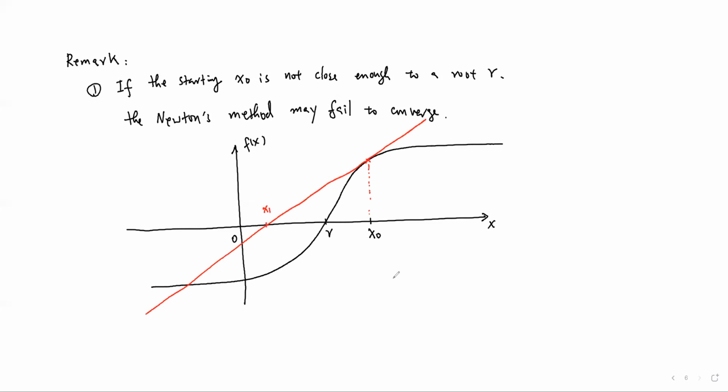Now to get x2, draw a tangent line. Then this point is x2. To get x3, draw a tangent line at this point. Let me use green color.